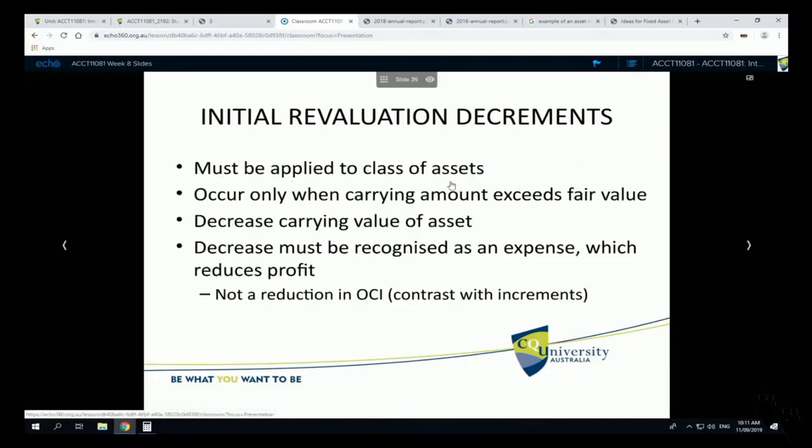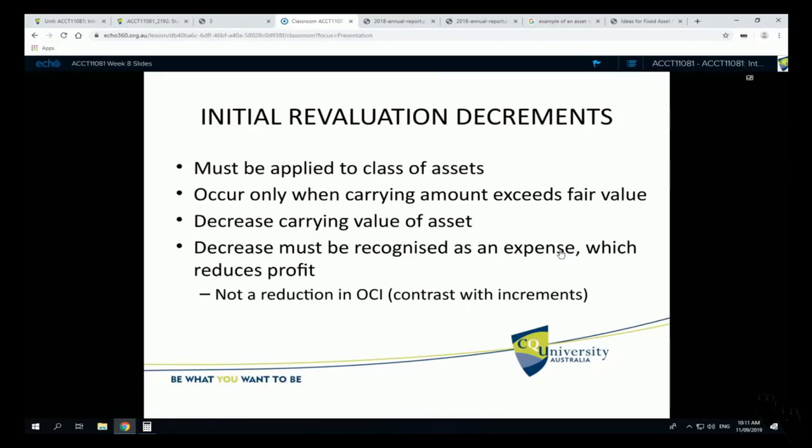Okay, it must be applied. So if we're going to revalue, we have to do it to the whole class of assets. We can only do it when the carrying amount exceeds fair value. Sorry, this is revaluing downwards. So if we've got something on our books, that's what we call the carrying value.